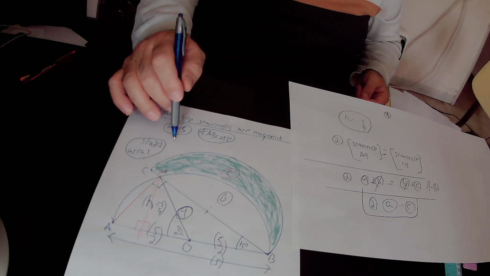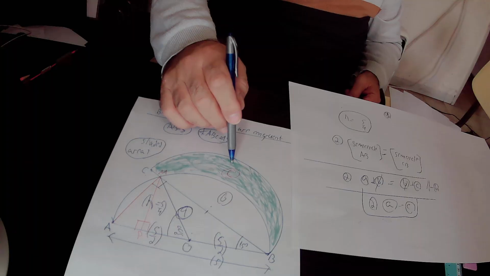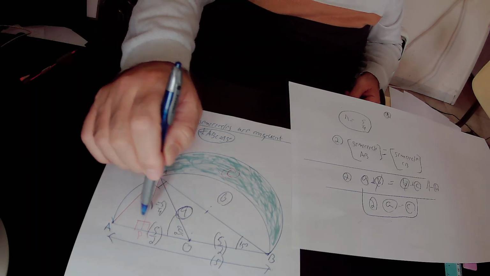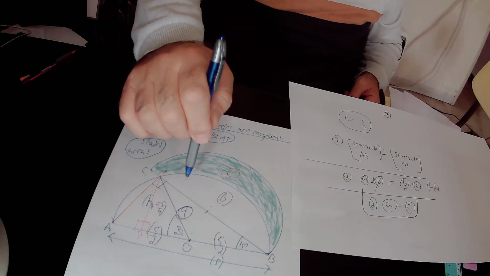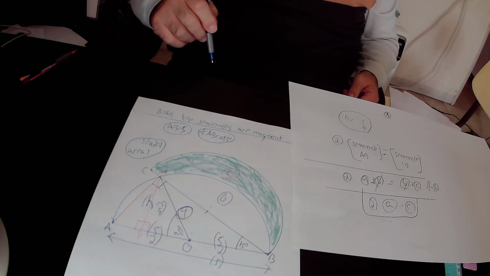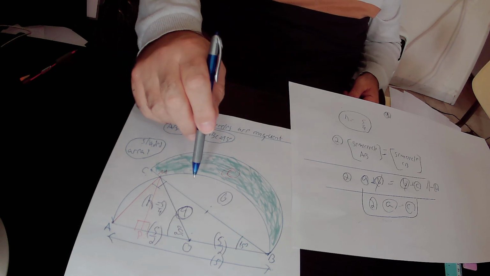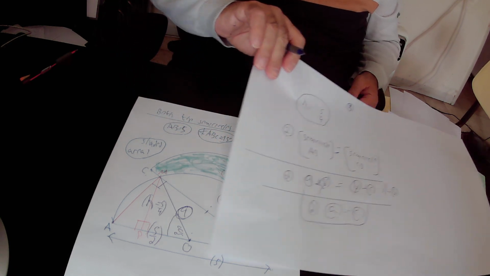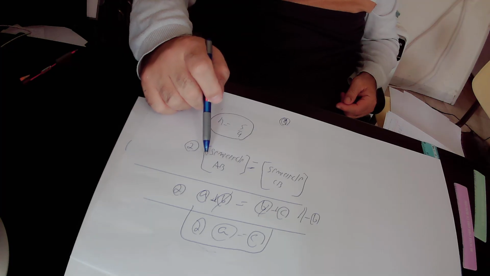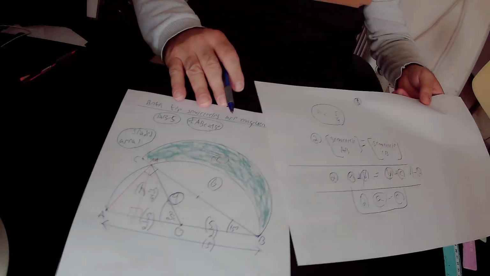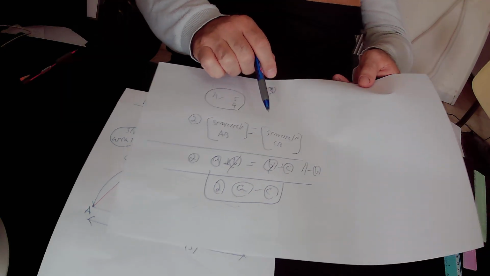We define the shaded area as C, this area as B, and this area as A. The area of semicircle AB equals A plus B, and it equals the area of semicircle CB.